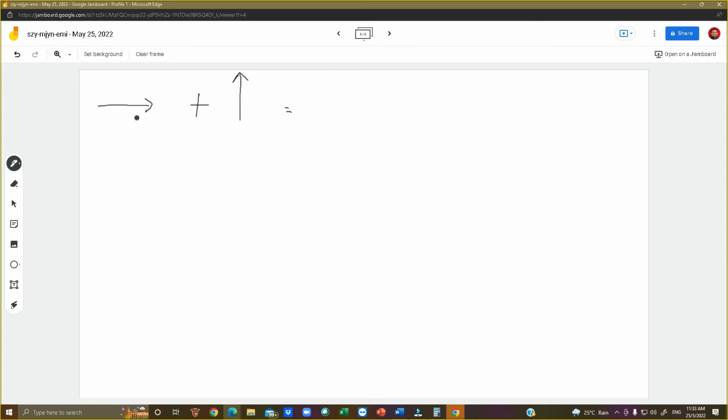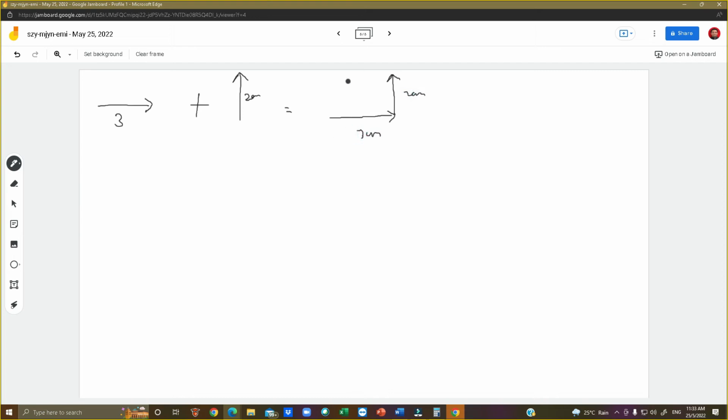So if we have two like this, let's say this is 3 cm. You are going to have a 3 cm horizontal arrow, and then let's say this is 2 cm. From its head, head to tail, the tail goes upwards. Head to tail, connect it. So this is 2 cm, same as the figures.